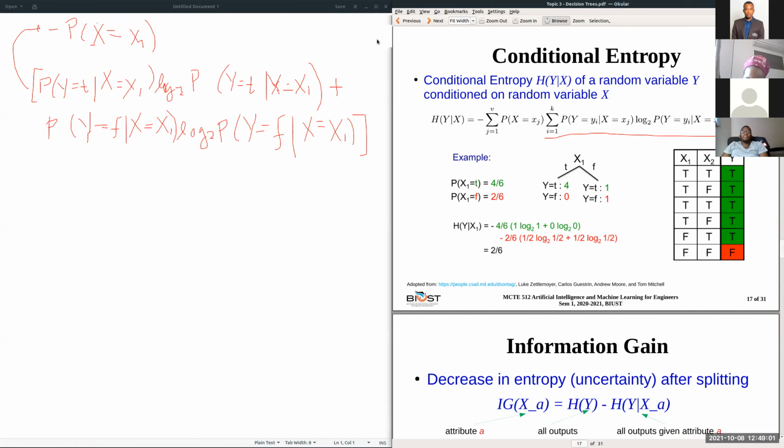Then we add another term, plus the negative of P of, now we are looking at this part only, H of Y given X1. So H of Y given X1 is this. I'm computing everything here.